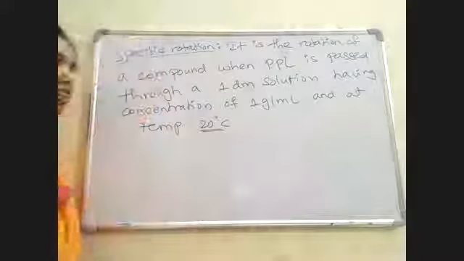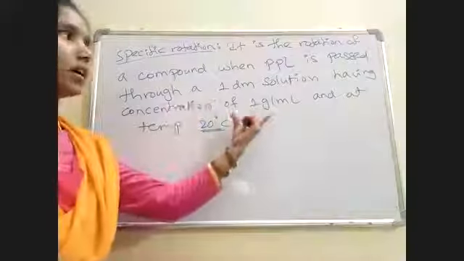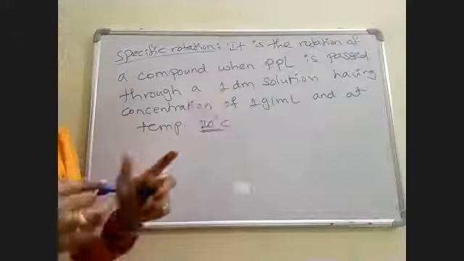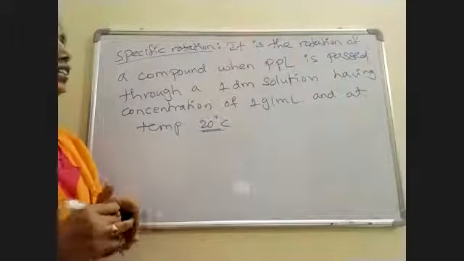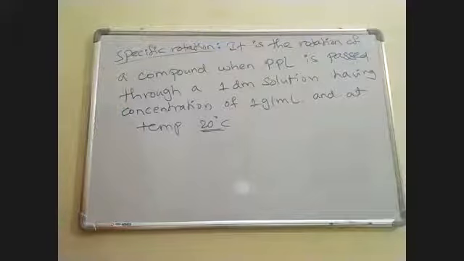So at 20 degrees centigrade, with a concentration of 1 gram per ml in a sample tube of length 1 decimeter, what is the rotation? That is called the specific rotation of the compound.